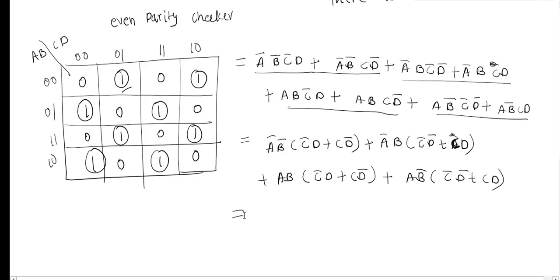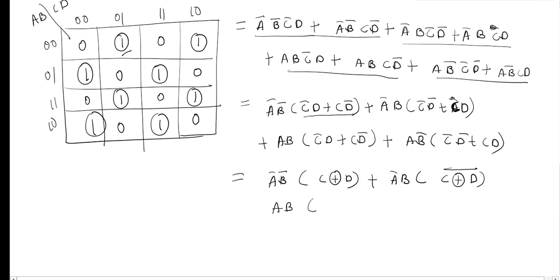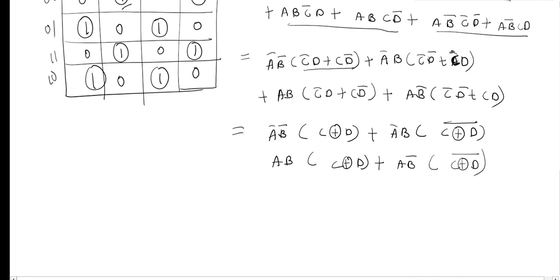Now I can rewrite the expression. We know that A bar B plus A B bar is nothing but A XOR B. So I can rewrite the expression like this: A bar B bar times C XOR D plus A B times C XOR D. Now we know that A bar B bar plus A B is nothing but XNOR, which is nothing but the NOT of A XOR B. Similarly, C bar D plus C D bar is nothing but C XOR D, and C D bar is C XOR D. Now I know that A bar B plus A B bar is nothing but the XOR operation.